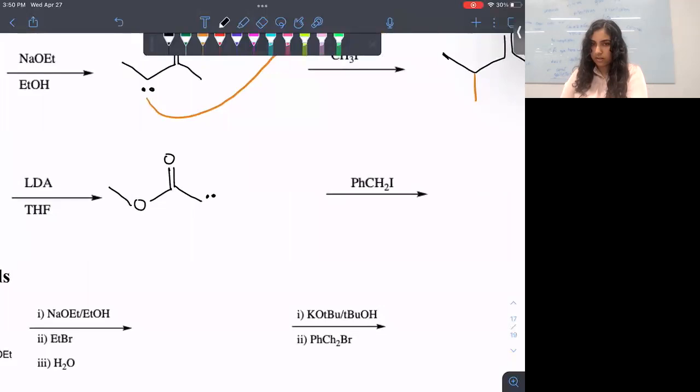But anyways, what happens here is that the deprotonated alpha carbon, a good nucleophile, goes ahead and attacks the alkyl group next to the halogen.